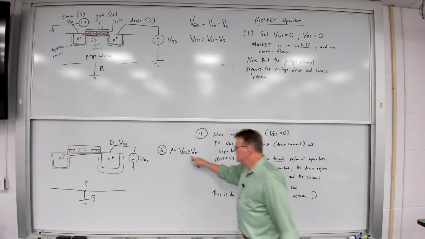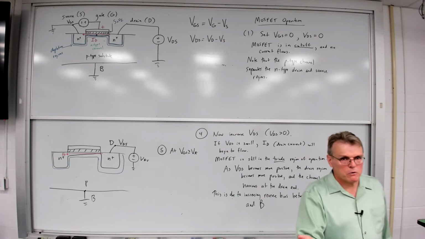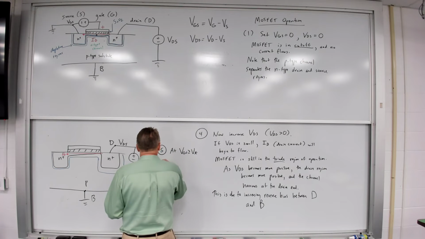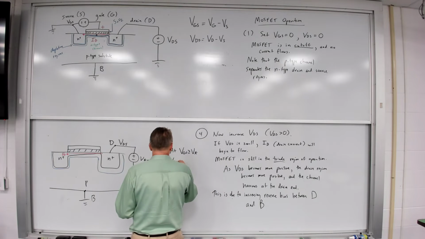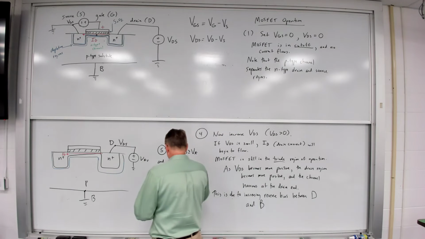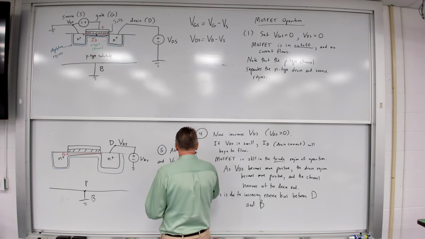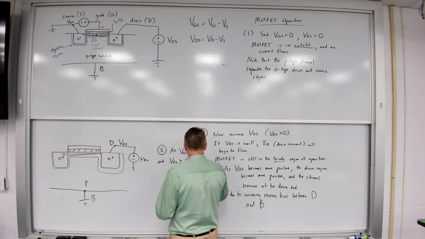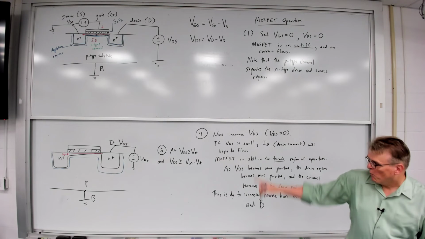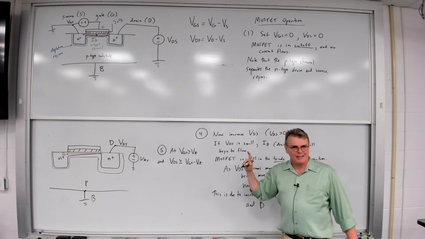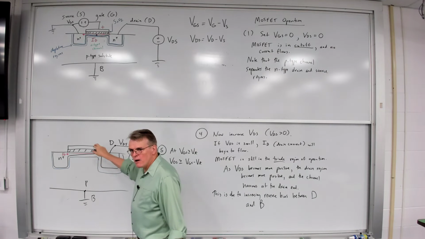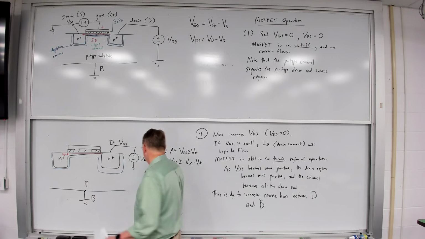So at VGS greater than the threshold voltage, and at this particular boundary condition, once VDS becomes greater than or equal to VGS minus V sub t, so that's a boundary condition I hit. Once I reach this boundary condition, then the channel completely pinches off at the end, at the drain end.